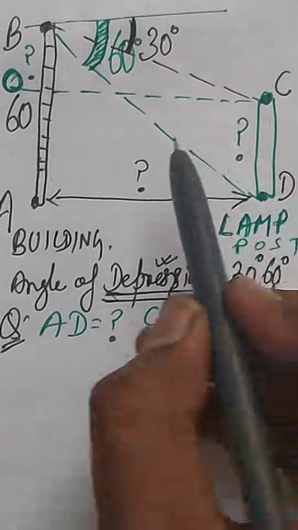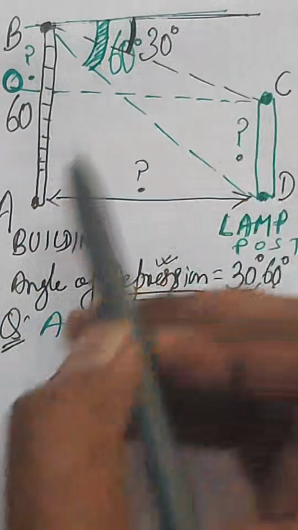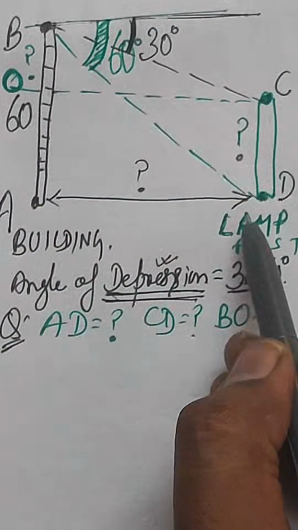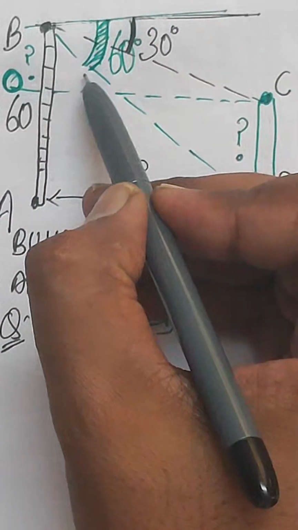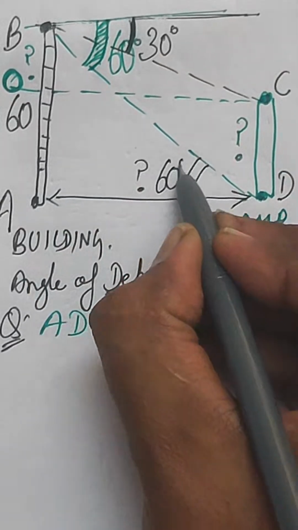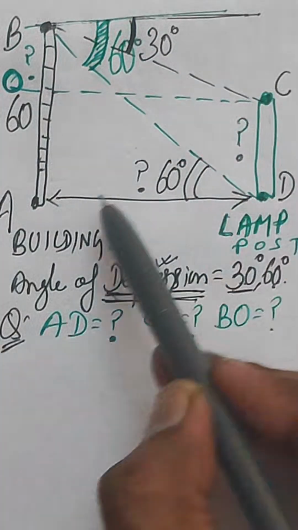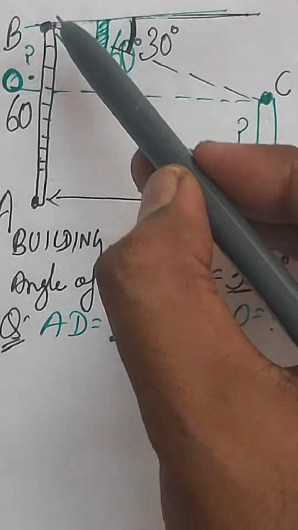Now, students, you can see if this is a line from B which is parallel to AD, then we can see this 60 degree will be forming over here also, being an alternate angle, because these are the two parallel lines, and BD is the transversal, right?